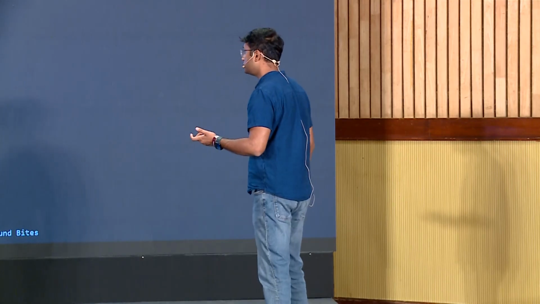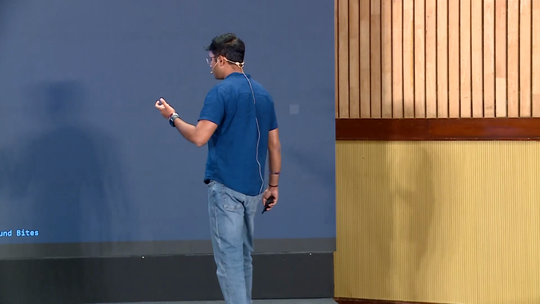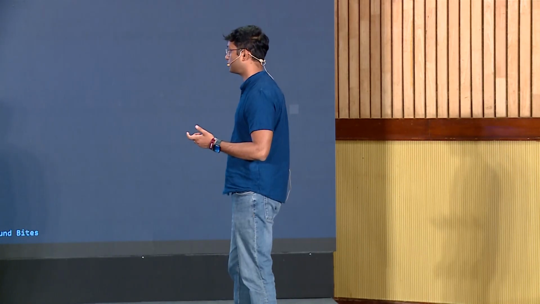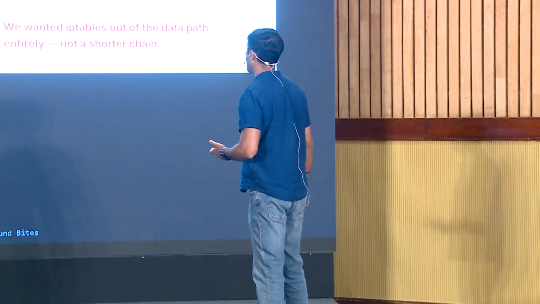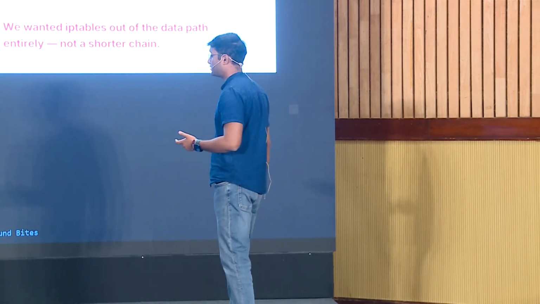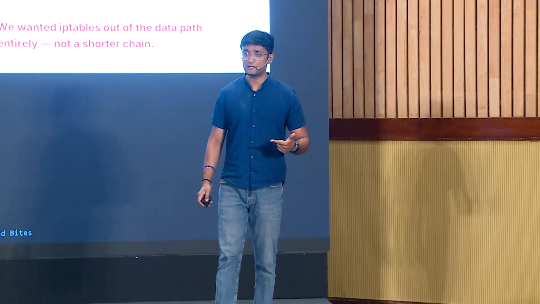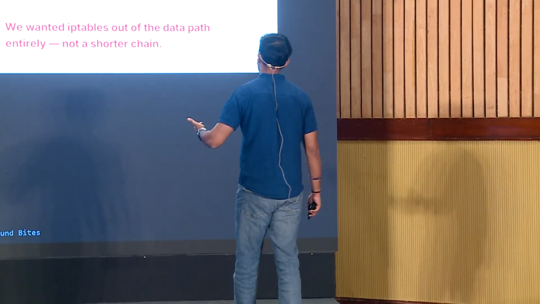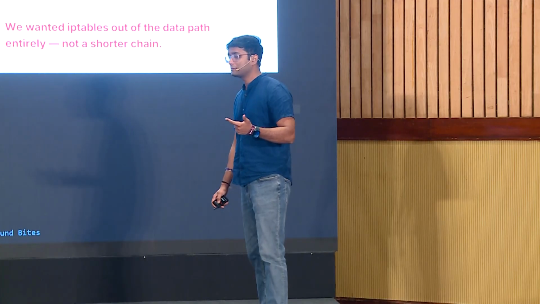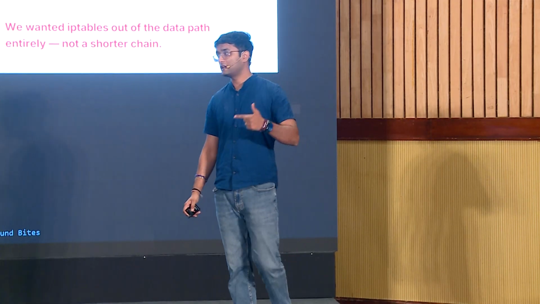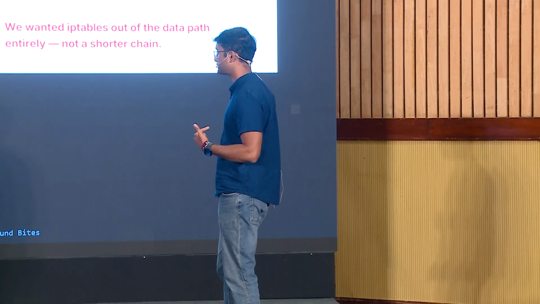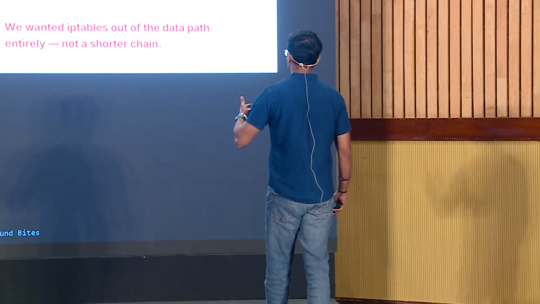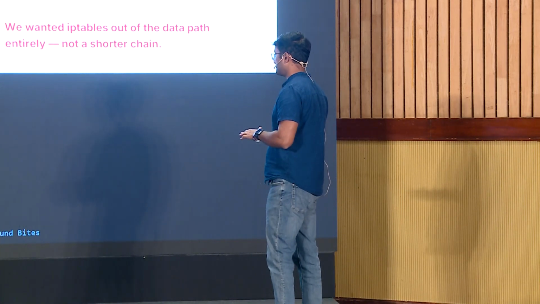But that particular Cilium is a locked-down version, and it does not support running a proper service mesh architecture on top of it. Then we evaluated Istio Ambient. It removes the sidecar, but the problem is it uses IP tables, which we wanted to avoid completely, given the behavior and the scale that we have observed in our own system.